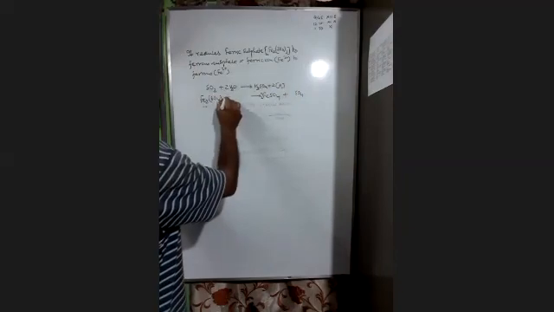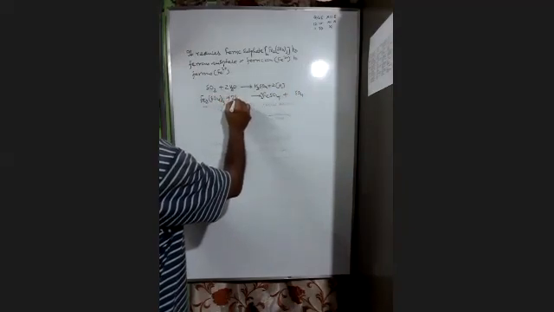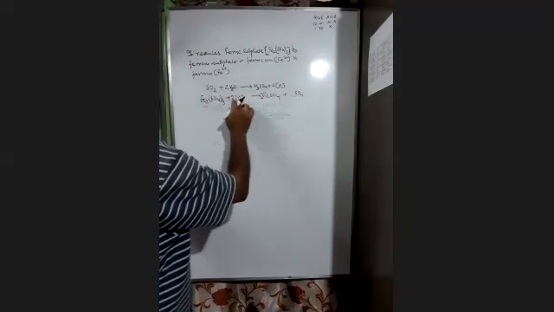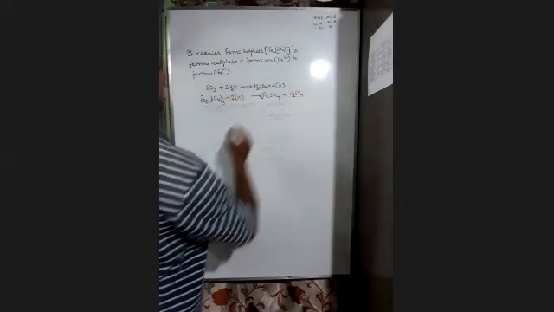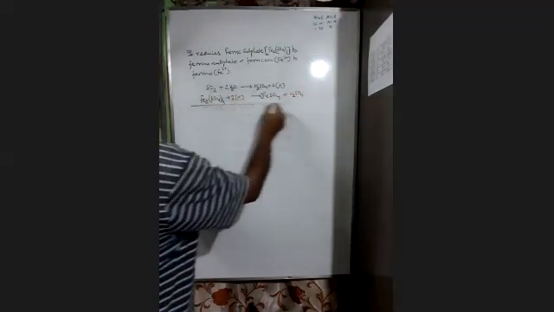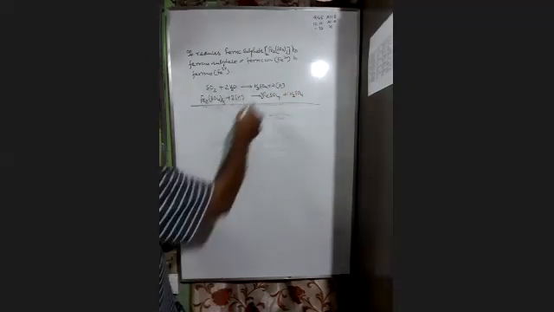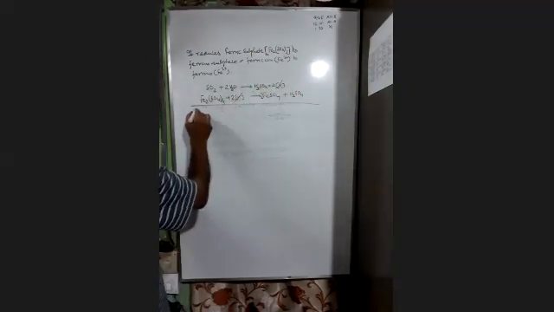SO4 as an ion, it is not stable. So what should I write now here? H2. By adding this and this will get cancelled. So what should you write now here?